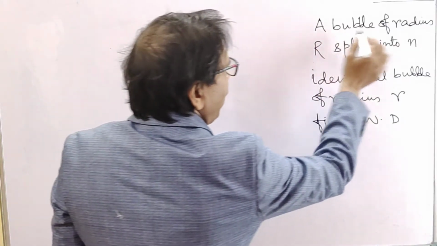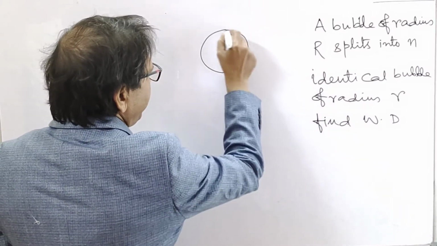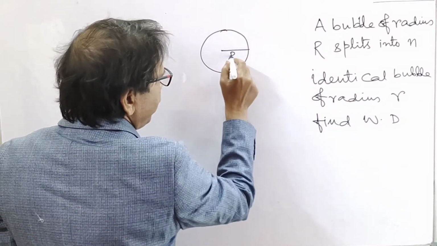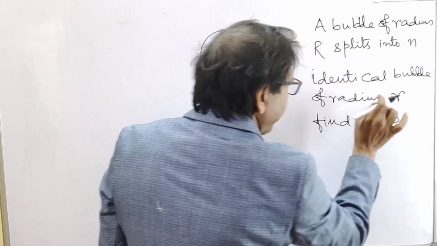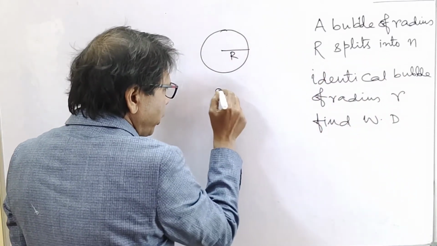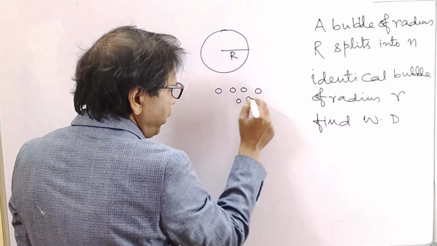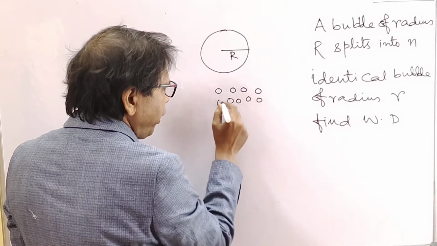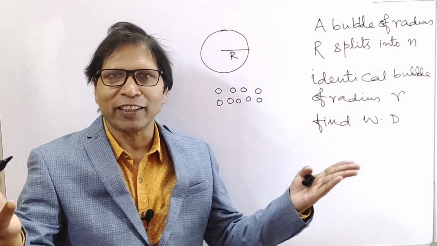Now look at this, a bubble of radius capital R splits into n number of identical bubbles, each of radius small r. Now we have to calculate the work done for this purpose.